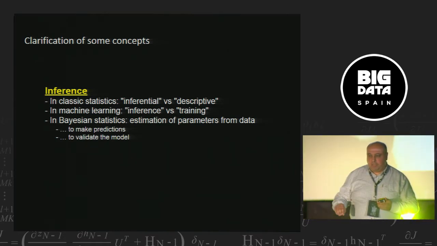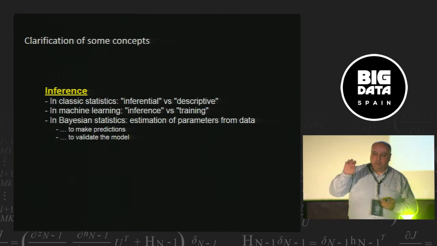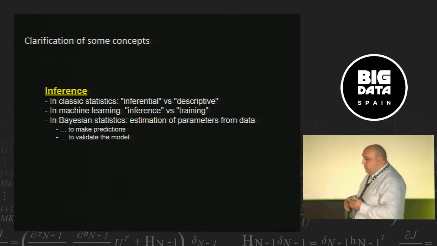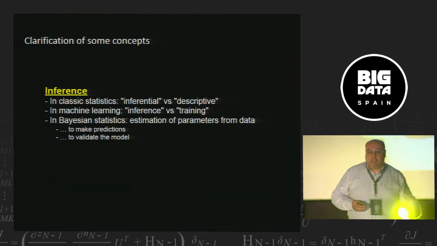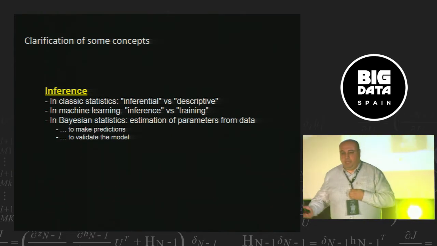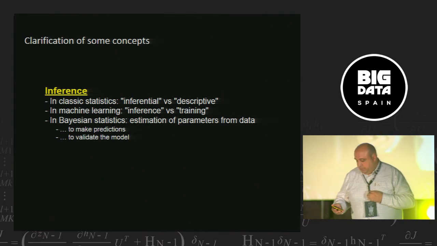Inference means taking that data and figuring out what are those parameters in that model. And once I do that, I can use that model to predict the future, compare to other models, validate hypotheses, whatever it is.